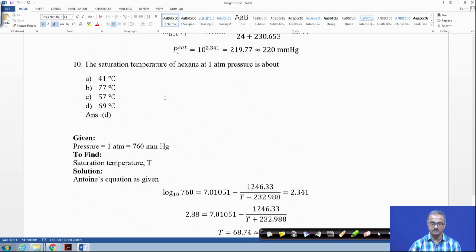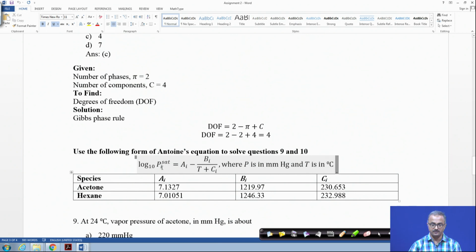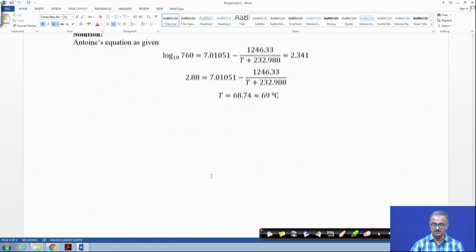For hexane the pressure is given as 1 atmosphere, that is 760 mm of mercury. You put in the value of 760 and solve this equation. You can get an analytical solution and easily get the value of the temperature.